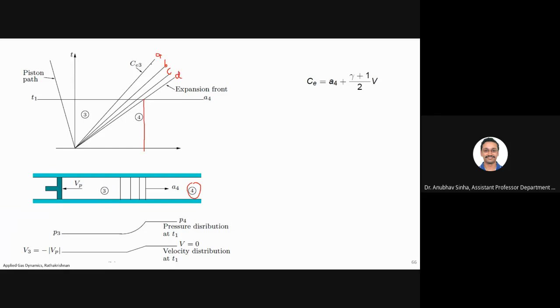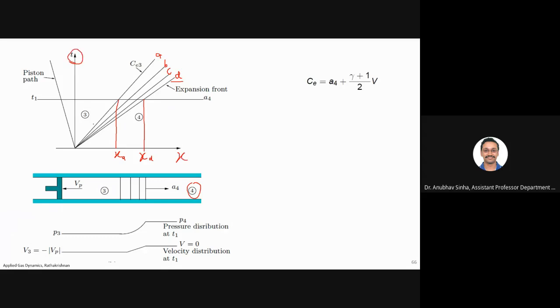Wave A, which also started at E0, has reached up to this location. Let us say this is x of A and x of D. Clearly D has traveled more, so it is moving faster, and that difference is visible in the x-t plot. This is x and this is time, the y-axis is time.